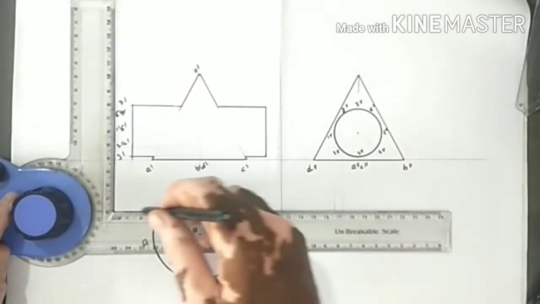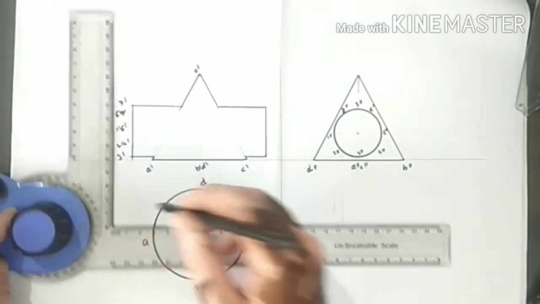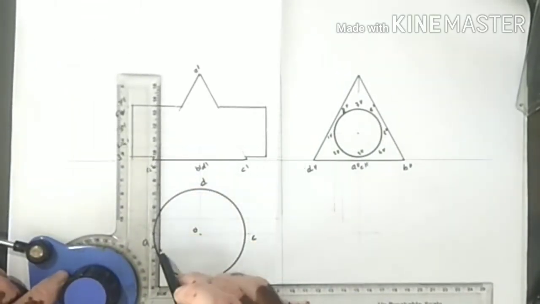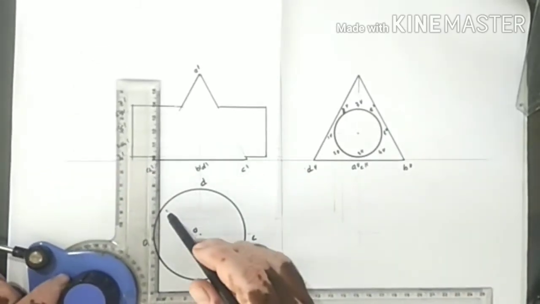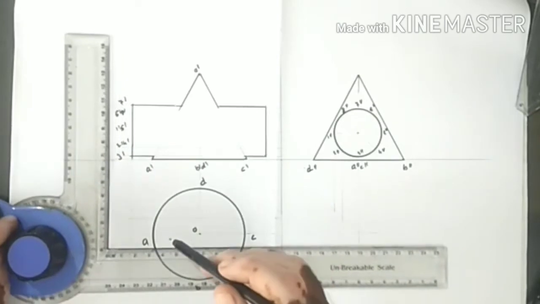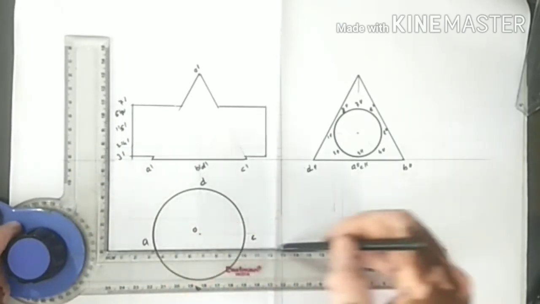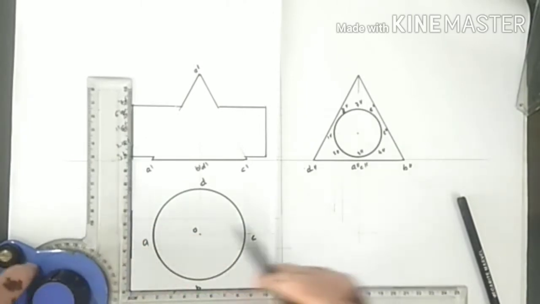So this cylinder, generator, okay, so cylinder will be like this.